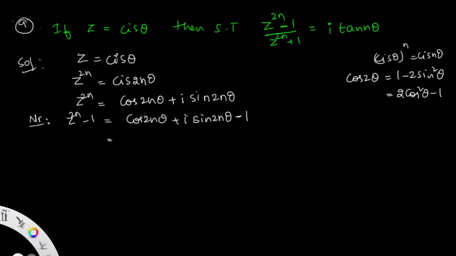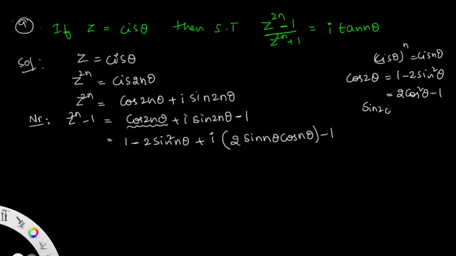So cos 2n theta we replace as 1 minus 2 sin square n theta, plus i into 2 sin n theta cos n theta, minus 1. Why? Because the sin 2 theta formula is 2 sin theta cos theta.